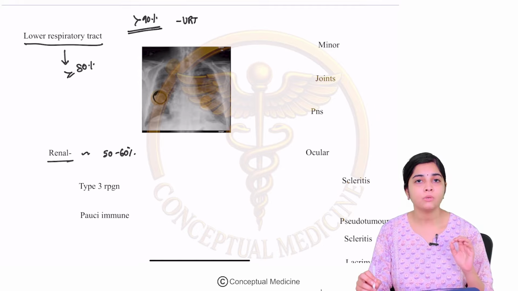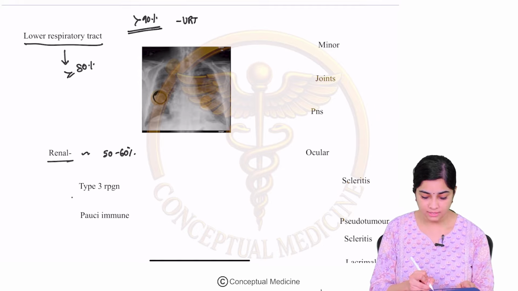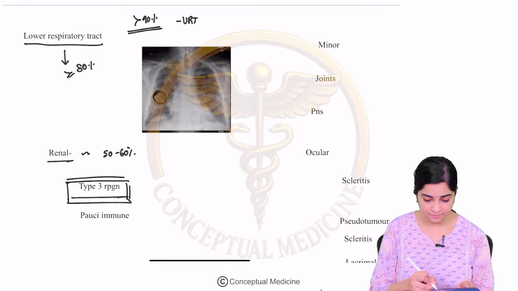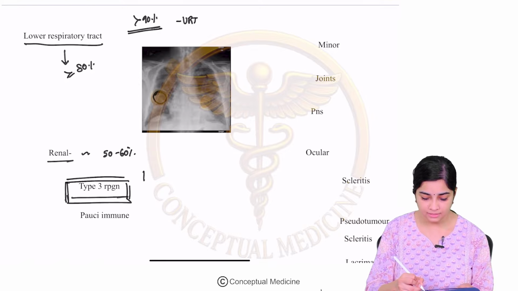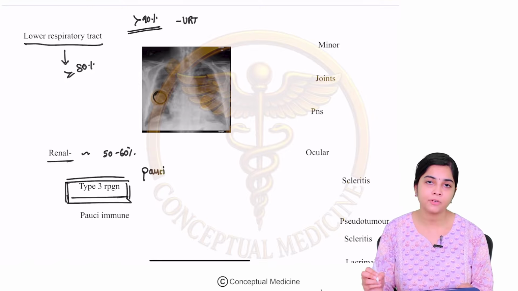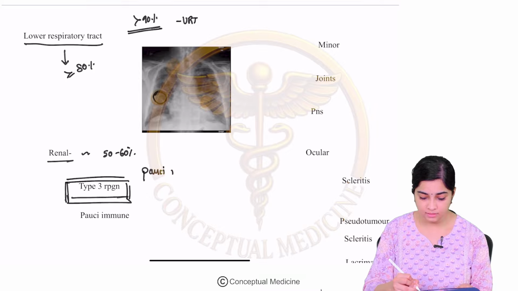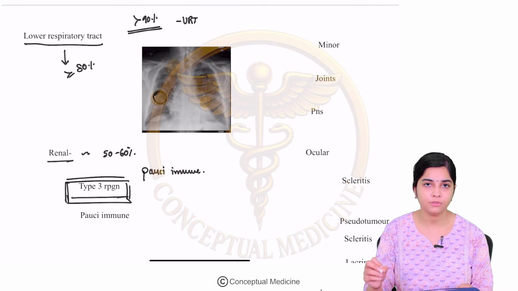Okay, and how are they going to present the renal manifestation? It presents mainly as type 3 rapidly progressive glomerulonephritis. Type 3 means what? When you look back in the chapter of glomerulonephritis, this is a pauci-immune glomerulonephritis.